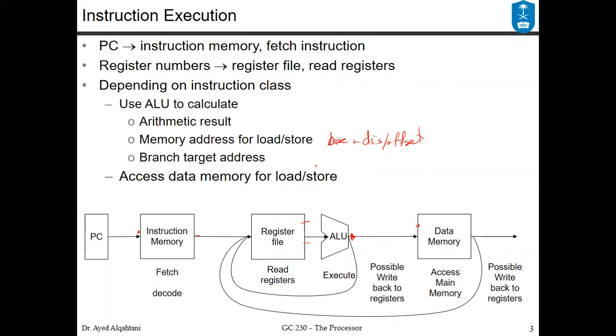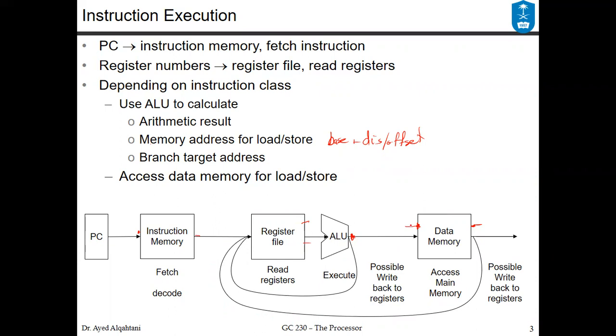Now, if the instruction accesses the memory, meaning it's a load or store, we go to the memory, and if it is a load, we get the address. It tells us exactly where the piece of data is inside the data memory, and we get it out of the data memory, meaning right now for the load operation, we are reading from the data memory, and for a load, you need to write back to the register file in the destination register.